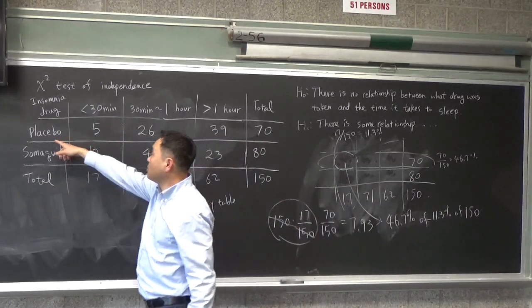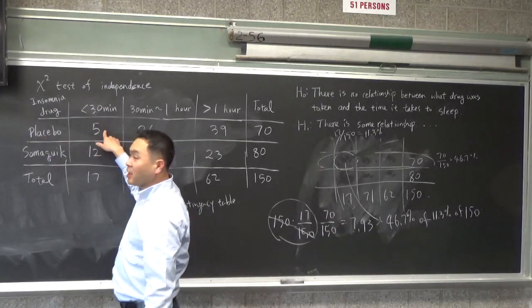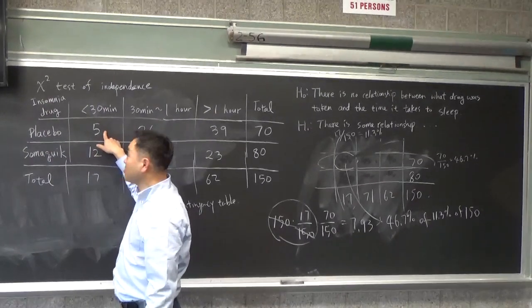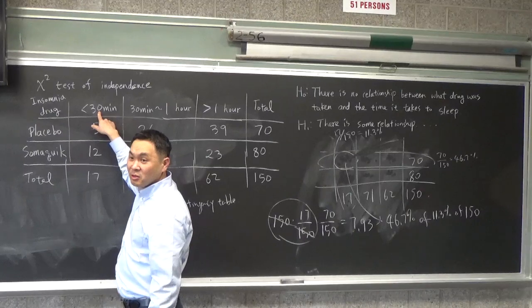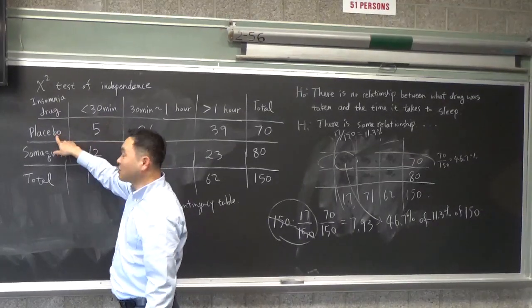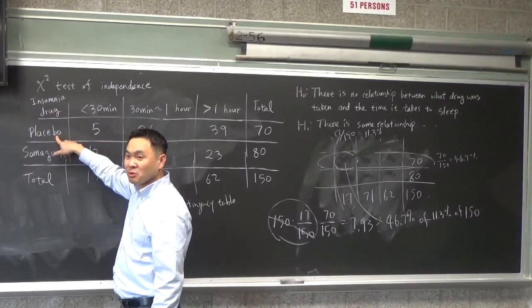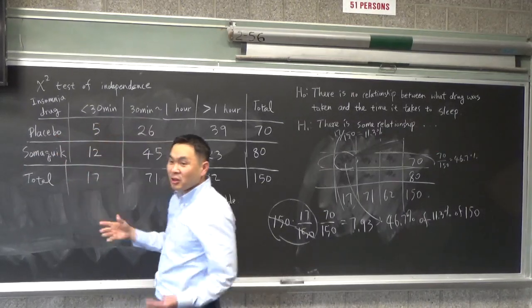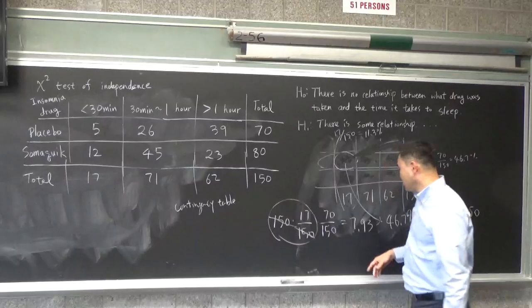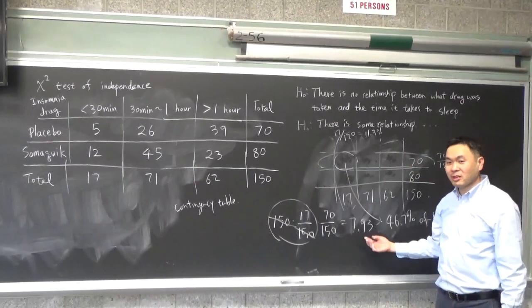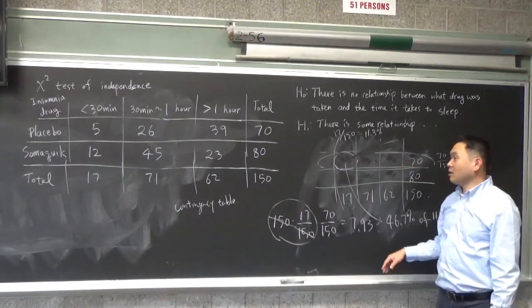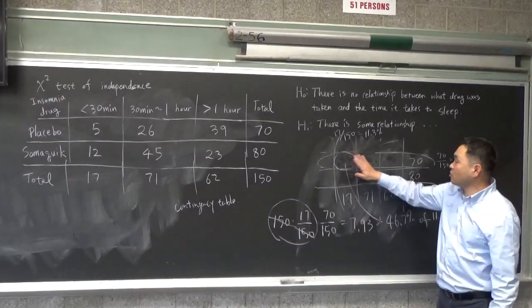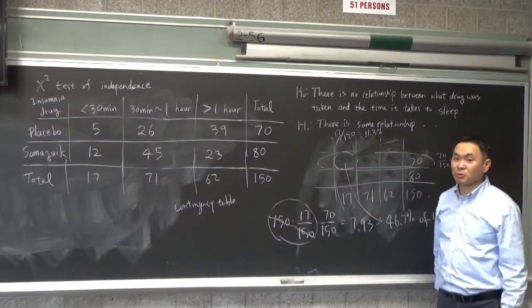Some patients taking placebo happily fell asleep within 30 minutes, and they were thinking, oh, this placebo must be the real drug, right? So these are actual people, so you can't have 0.93 people, but for the sake of computation, these should really be decimals, okay?